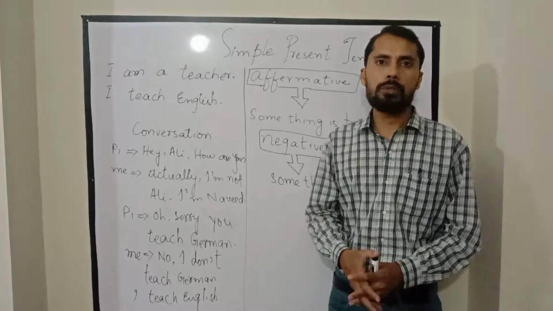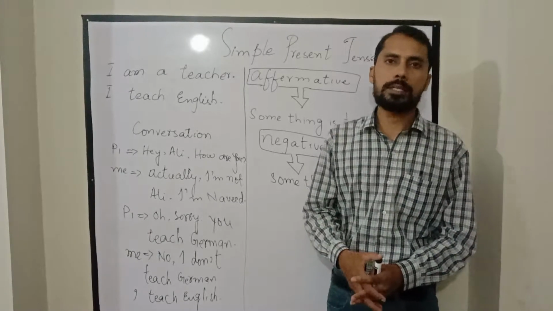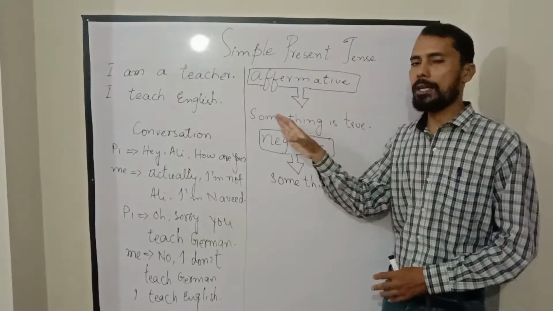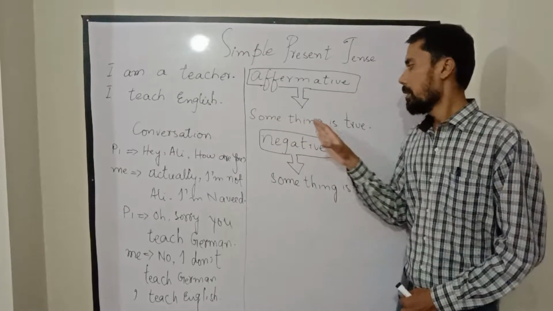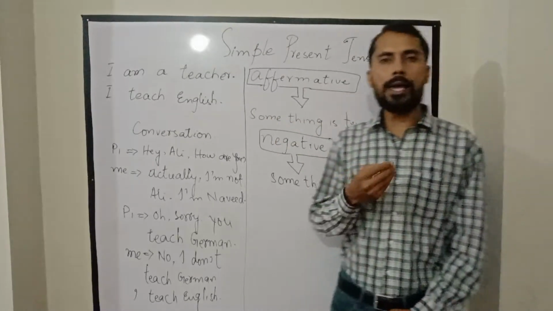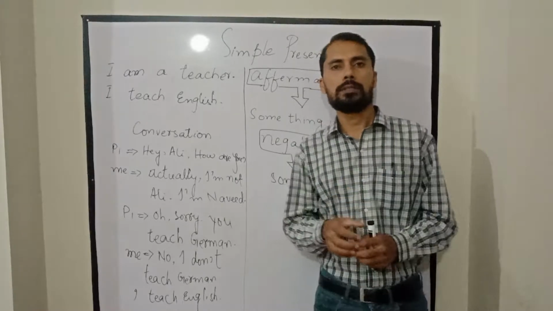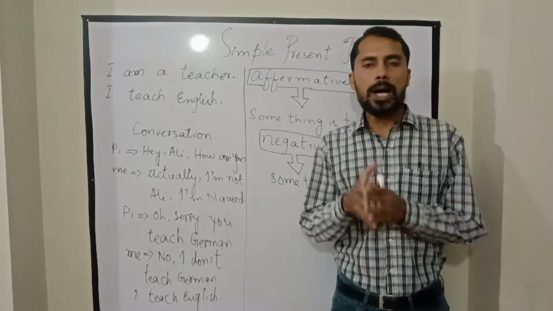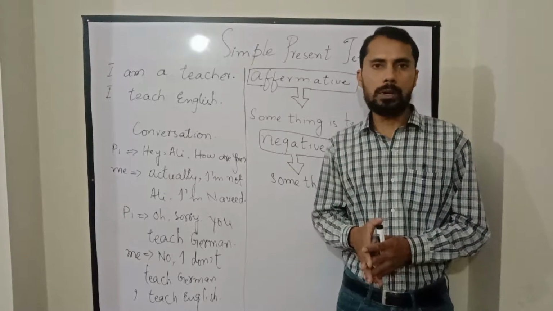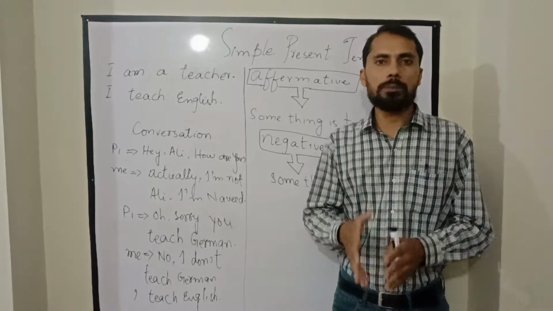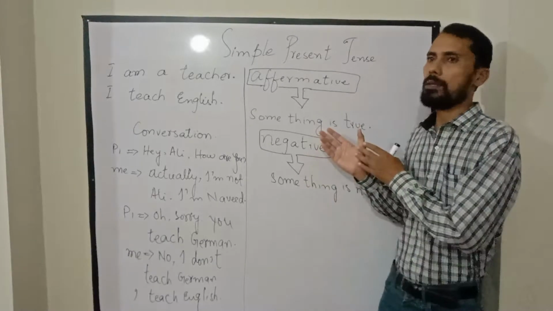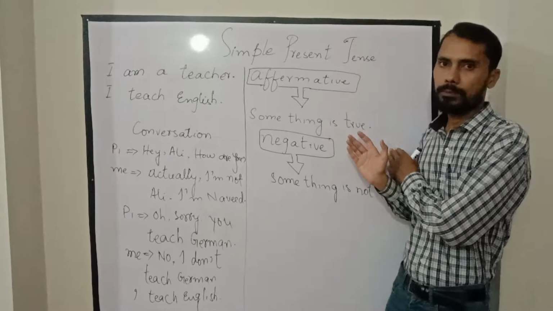A statement which is true, or we can say an affirmative is a sentence which states something is true. For example, I am a teacher. So the statement I am a teacher is actually true because it is talking about something is true.